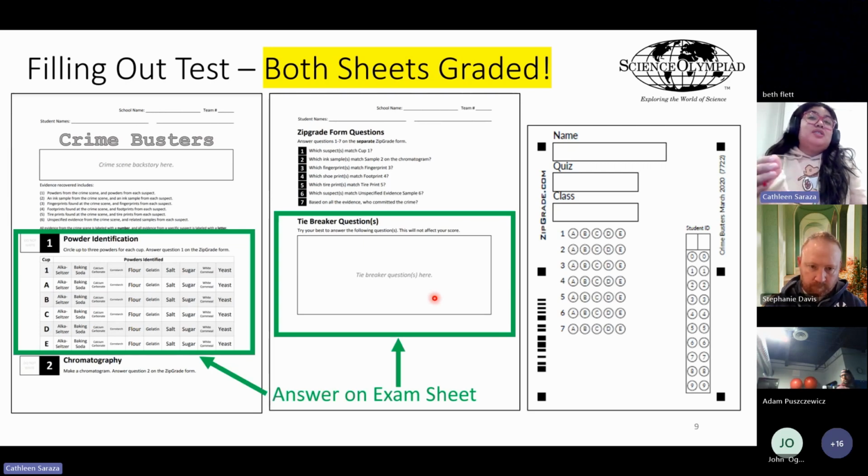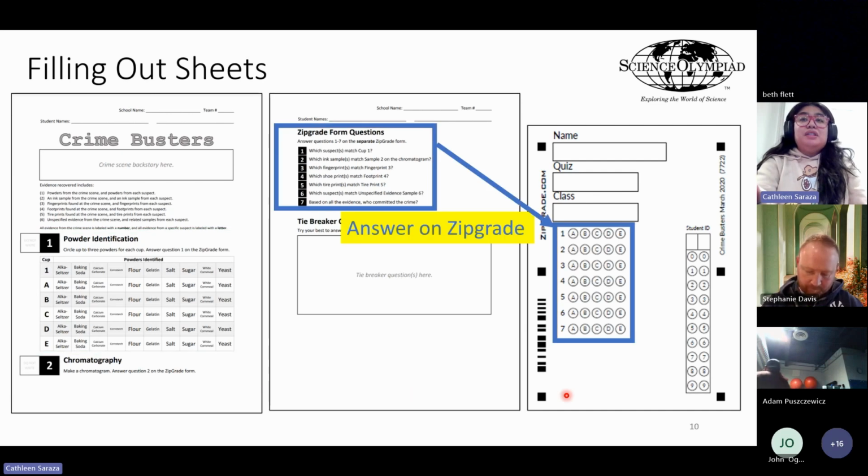It's in their best interest to do that in case there's a tie. So make sure that they're aware they can fill out both portions of the exam sheet, and also make sure that they fill out the zip grade answers as well. And the 7 questions on the exam sheet under the zip grade portion of the exam correspond to the 7 rows of bubbles on the zip grade.